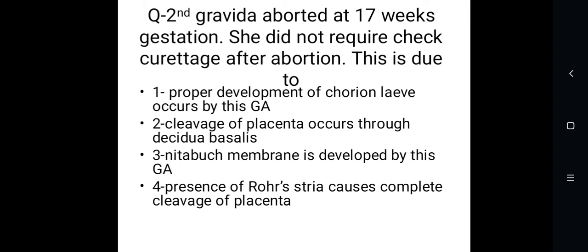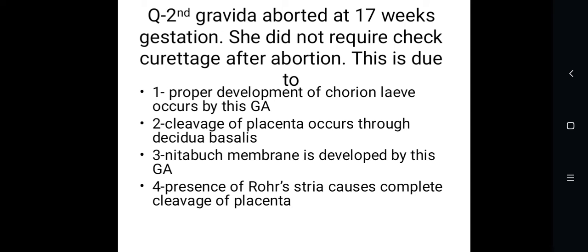Now, Nitabuch membrane is developed by this gestational age. By around 16 weeks, this Nitabuch membrane is nothing but the fibrinoid degeneration occurring at the extravillous trophoblastic tissue which is invading the decidua basalis. So at the junction of this trophoblastic tissue and the decidua, there occurs fibrinoid degeneration which limits further invasion of the decidua by trophoblastic tissue.